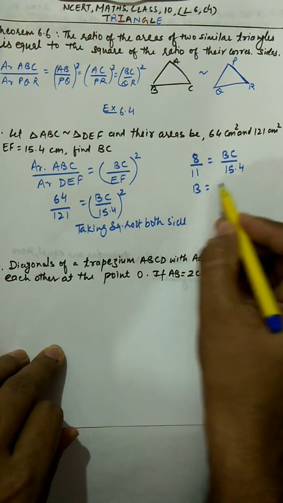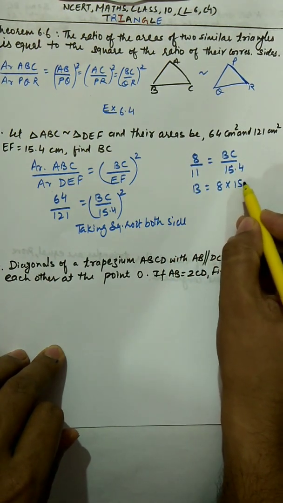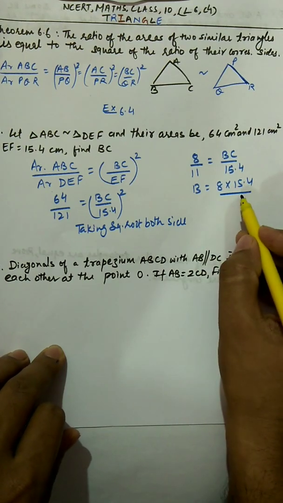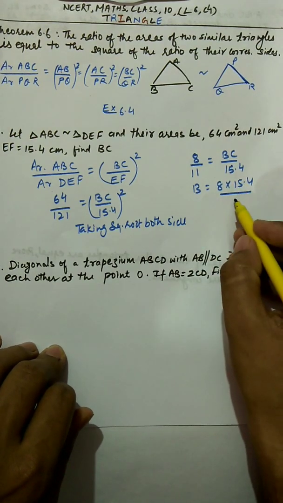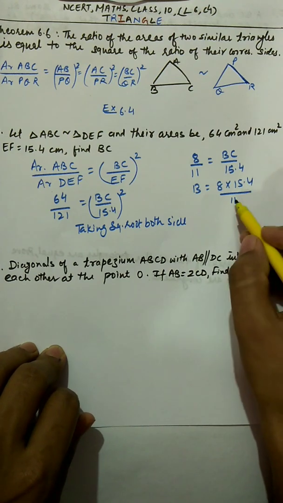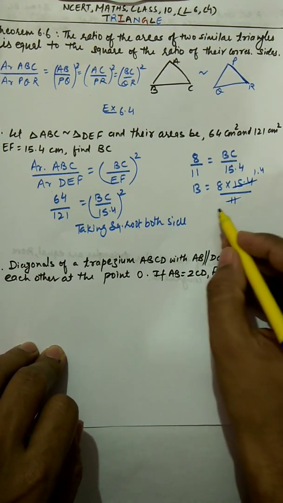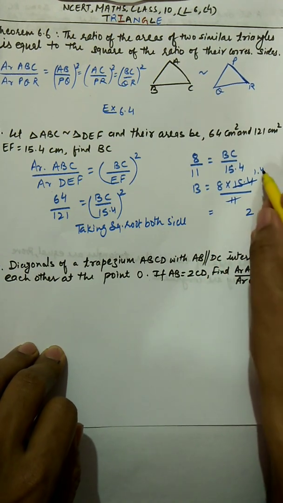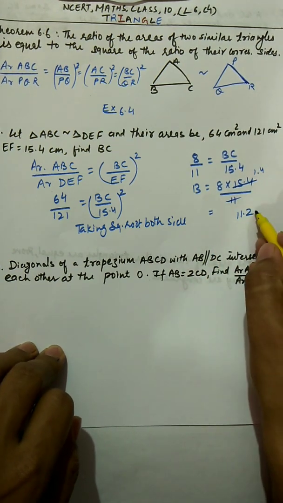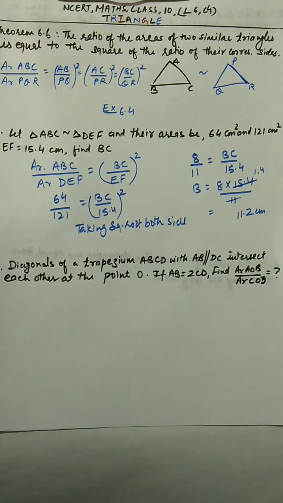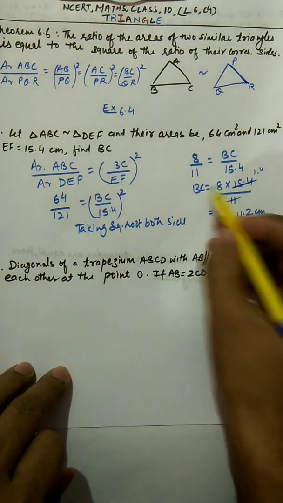So BC will be 8 into 15.4 divided by 11. So 11, you can simplify this directly. 11 ones are 11, 4, and this is 4, so 8 fours are 32, 2 carry 3, 8, and this is 11.2 centimeter. So this way you can find your side BC.